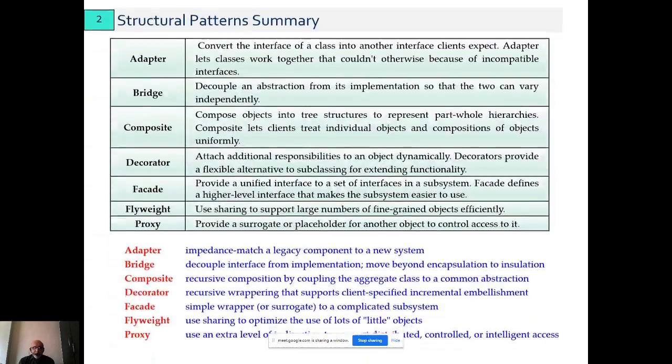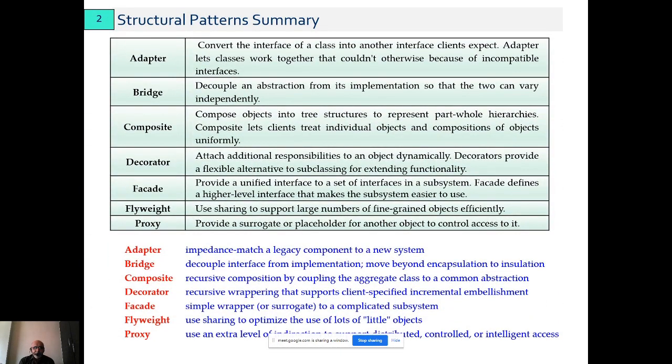So next are the structural patterns. Why use the structural patterns? To have composition or decomposition of the subsystems, that is, to add details to the design structure.